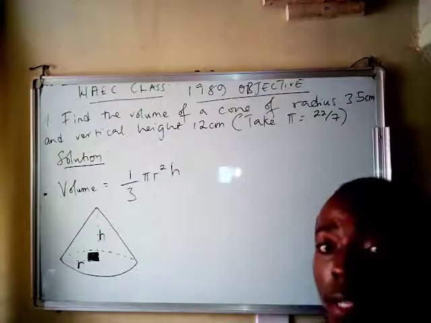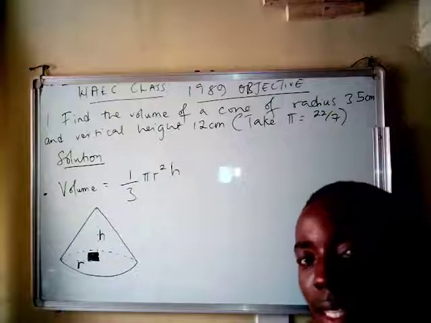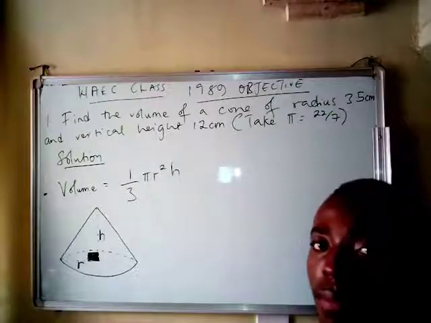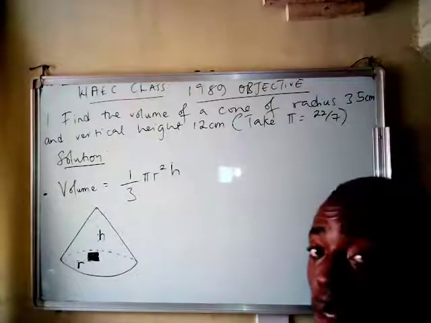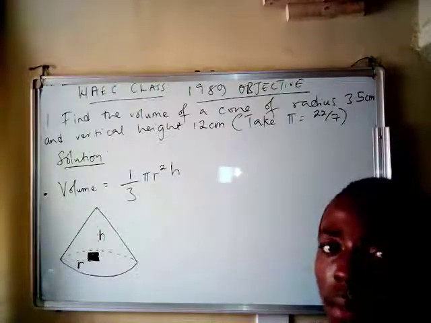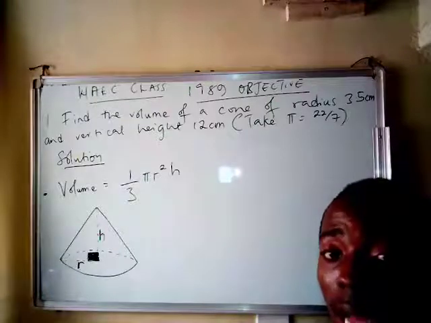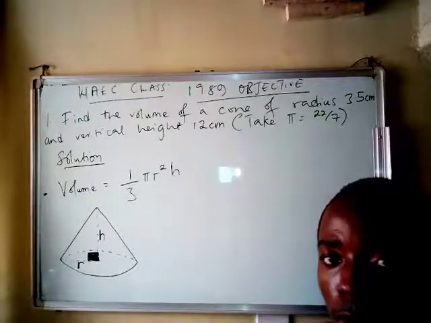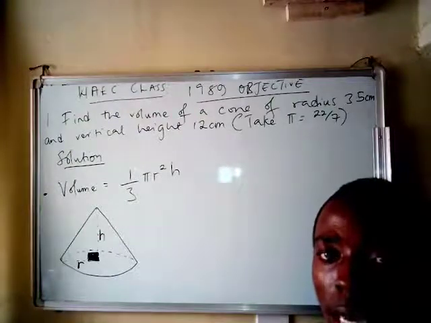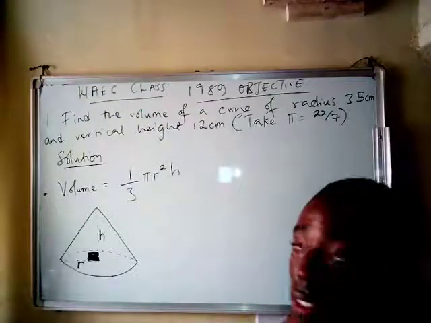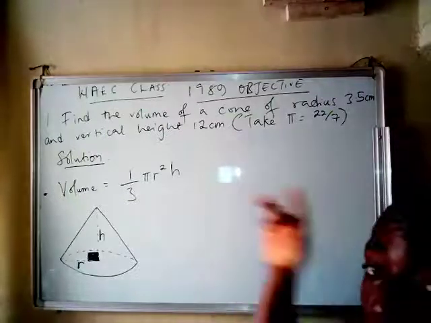It's either you have a circle itself or you have a circle in a shape. So if we are talking about a cone, you know that a cone has a circular base. A cylinder also has two circles, one on the base, the one on top. So as long as the shape has a circle in it, you must consider pi as a constant.